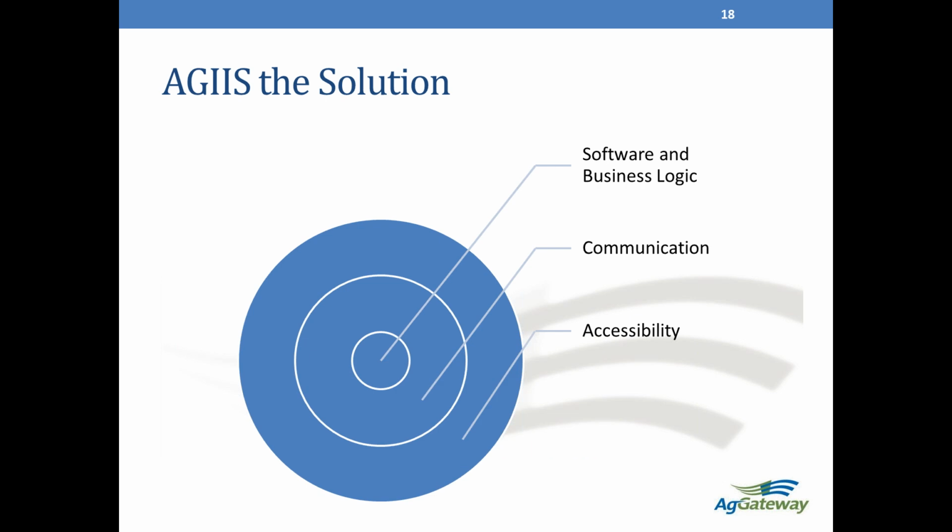So a little bit about AGIIS, the solution. This is a pretty generic visual here, but I wanted to break it down and give you an idea of how the product works. In the middle is the software and business logic. In the business logic area, that is where the business rules lie.